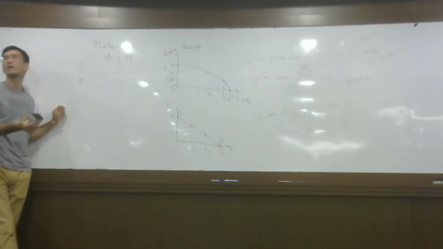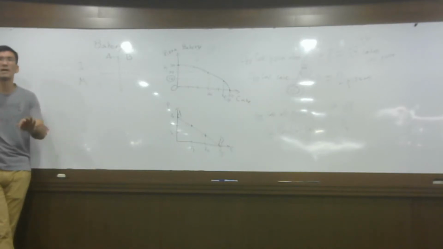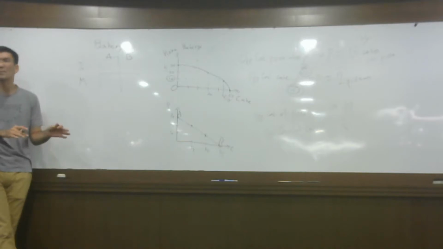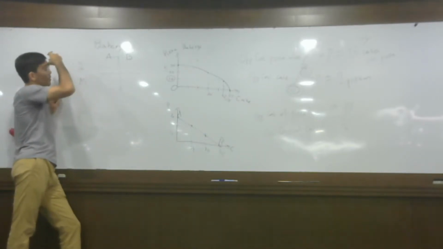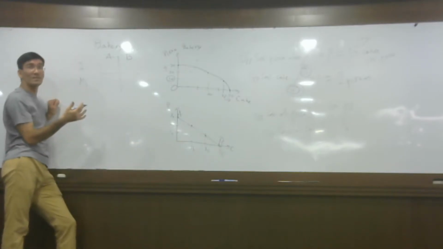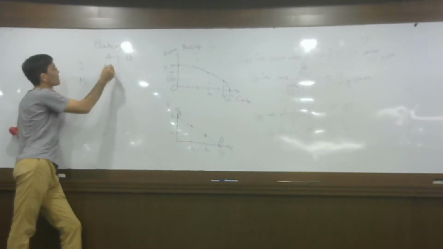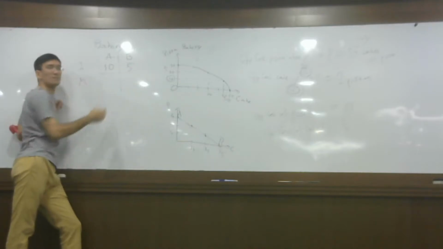You can just have J and M. Less time to write things. John, Mary, JM. And we have apple pies, banana pies, A, B. So John per hour can make either, let's say, 10 apple pies or 5 banana pies.